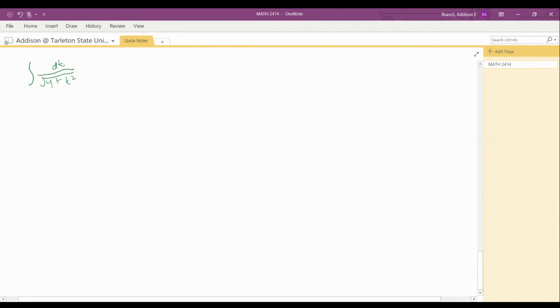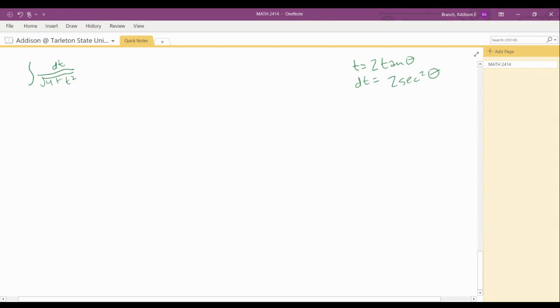All right, so we see an a squared plus a t squared, so therefore we're going to use our tangent identity. So we're going to say that the square root of 4 is 2, so t is going to be 2 tangent of theta. Therefore, our dt is going to be 2 secant squared of theta.